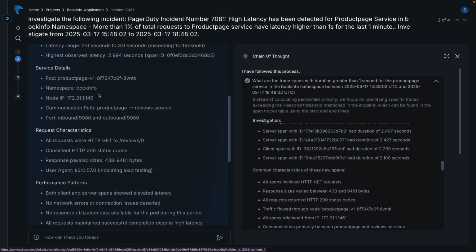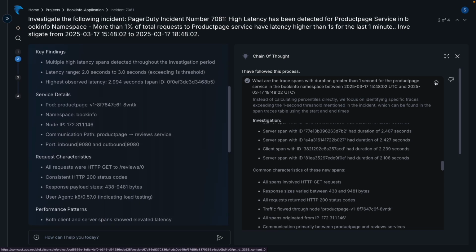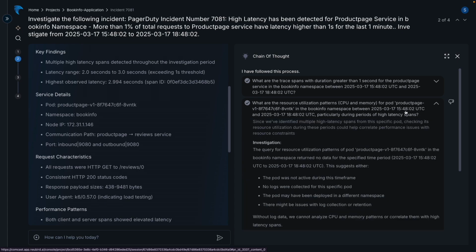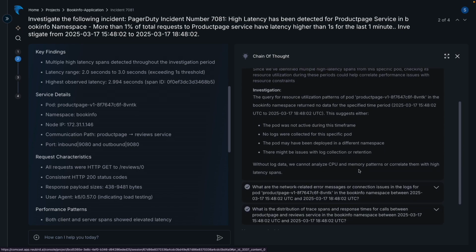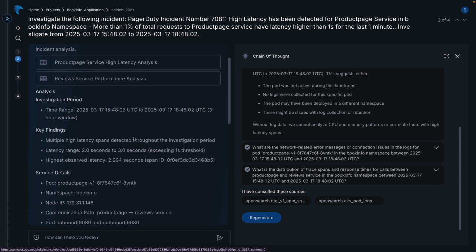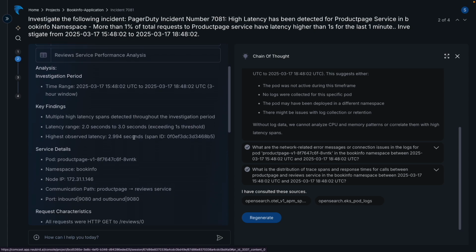So on the first pass of the analysis, it asks itself 4 questions. What are the trace spans with durations greater than 1 second? It's also looking at things like CPU and memory on the pod to see if it can find an explanation. And it's summarizing its findings here.